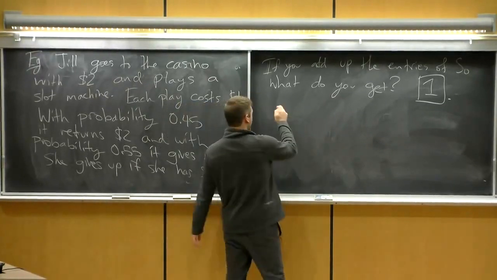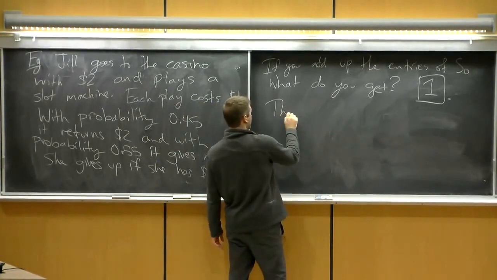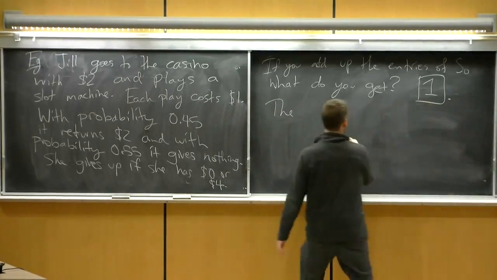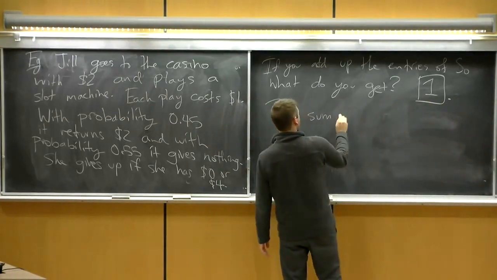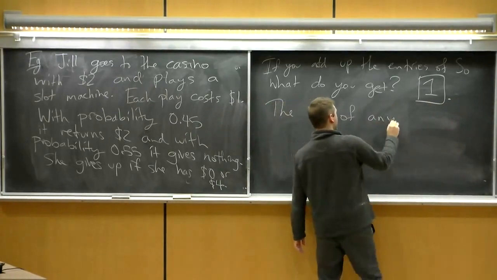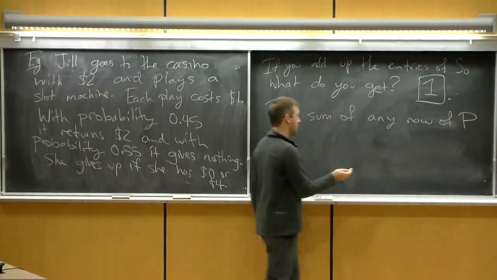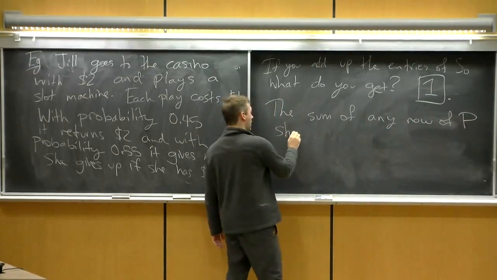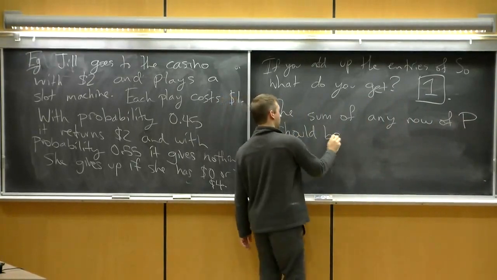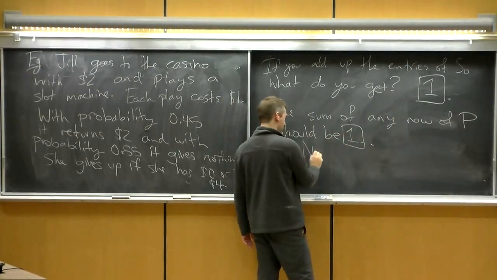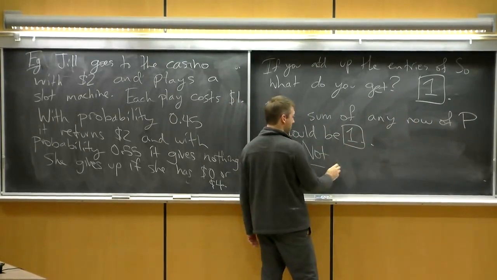The same thing is true for the transition matrix P: the sum of any row should also be 1. But it's not true for columns.